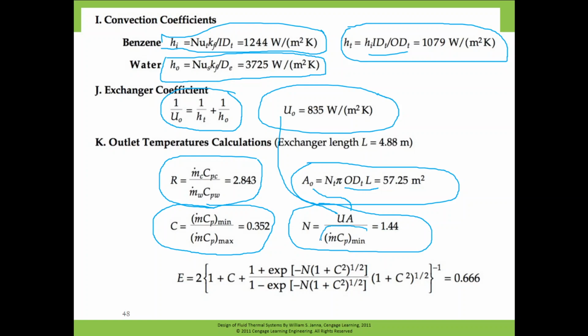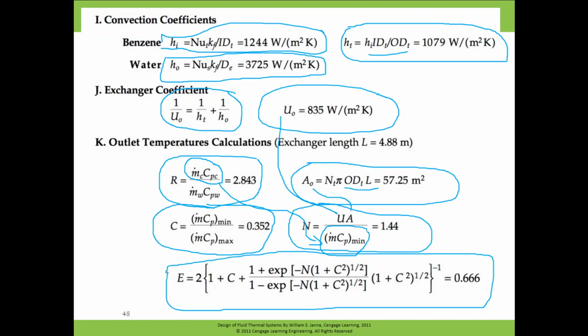This MCP min we can take from here because the R value is more than 1, so this is basically your MCP min, and this can be substituted here. Okay, now we can calculate the effectiveness E for the heat exchanger. We can substitute all the values in the expression and we get this, and it comes out to be 0.666.